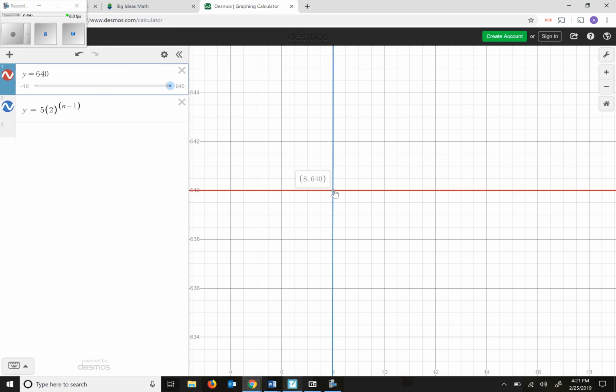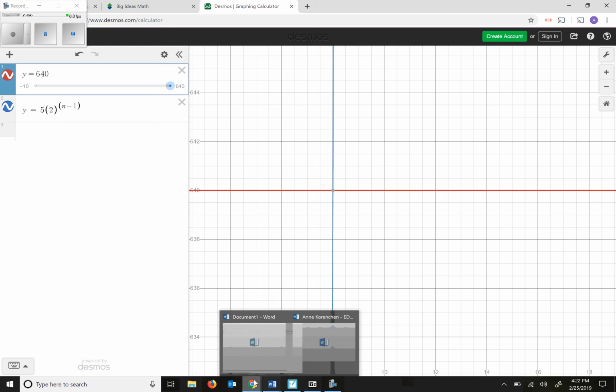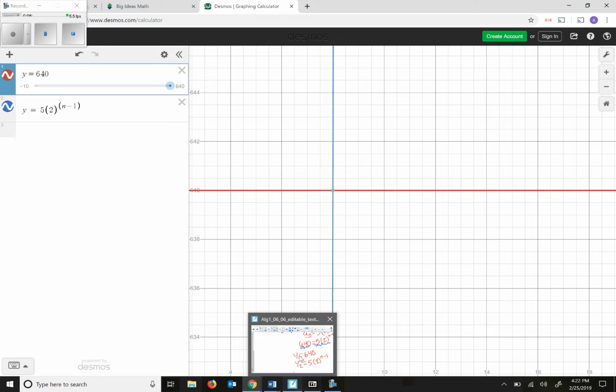Okay, so now we're going to go where these two lines are intersecting. And let's see. So that point is at 8, 640. So what that means for us is that these two lines are intersecting at 8, 640. What that means is that reaching 640 miles is going to be 8 clicks.